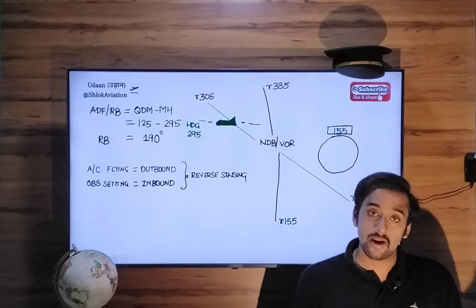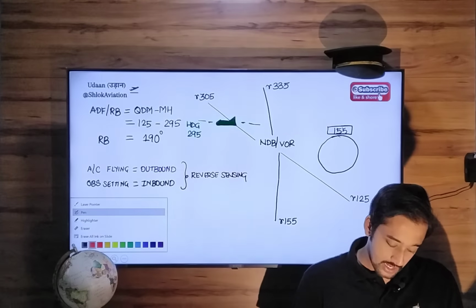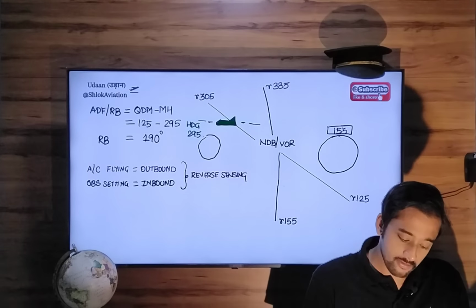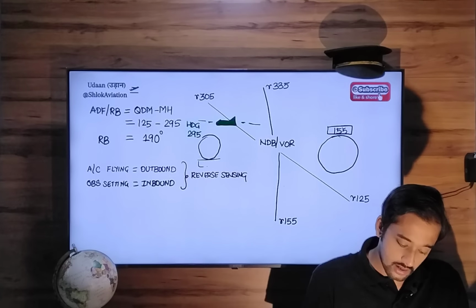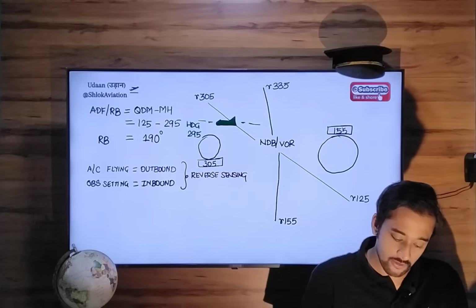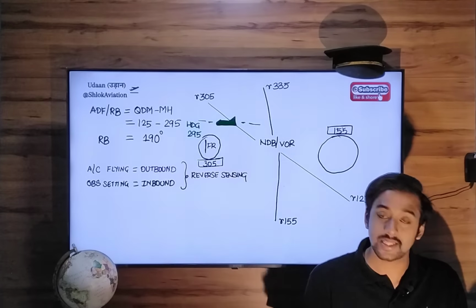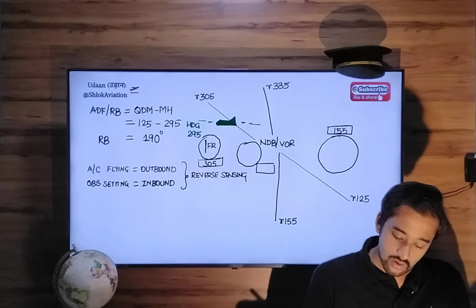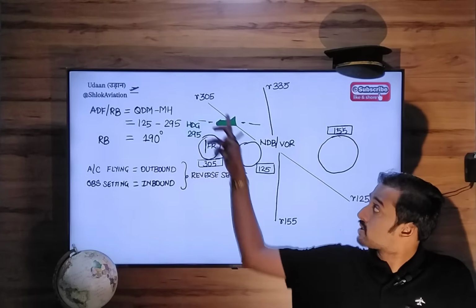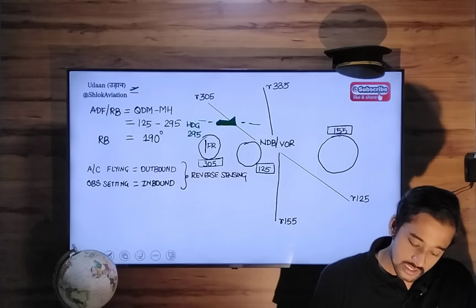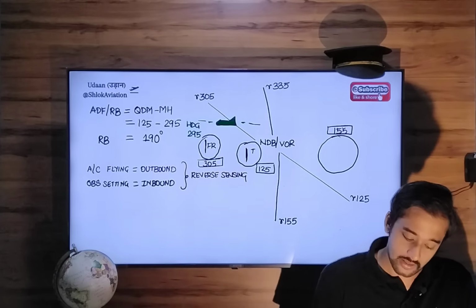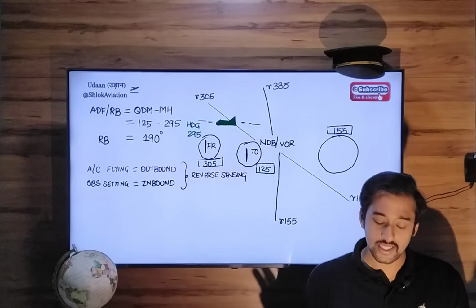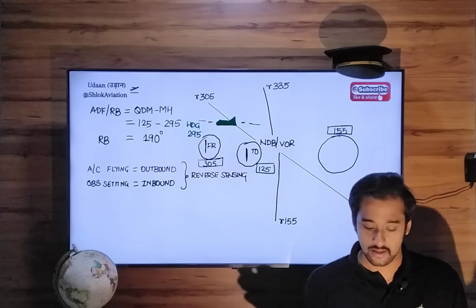So you would have gotten normal sensing in two cases. If in the OBS selector you would have put a radial of 305, you would have gotten from indication with the CDI needle in the center, or by putting 125, which is opposite of 305, you would have gotten center needle and to indication.